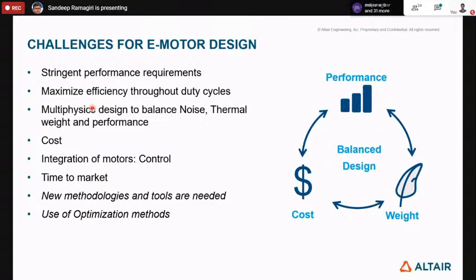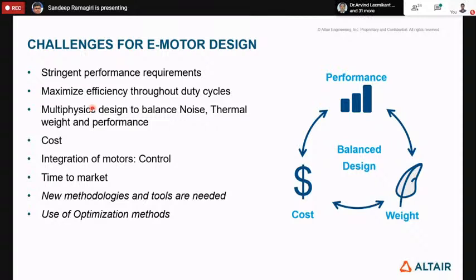As I said in the opening of my presentation, every day we see a new vehicle. So if you are not bringing your component quickly into the market, there are consequences.